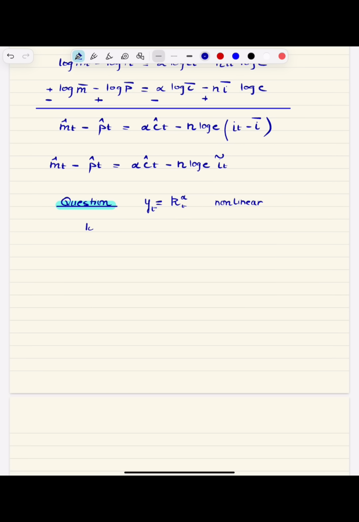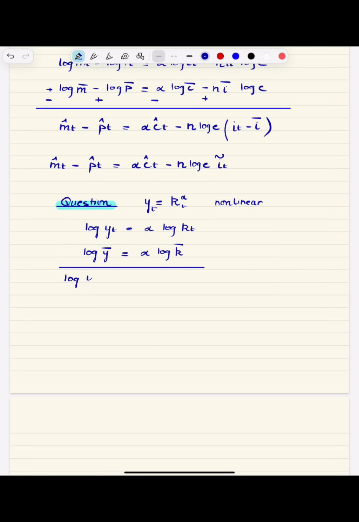So let's do that by method 2. Log yt would be alpha log kt, and around the steady state, y is equal to y bar, k is equal to k bar. Let's subtract the second from the first.